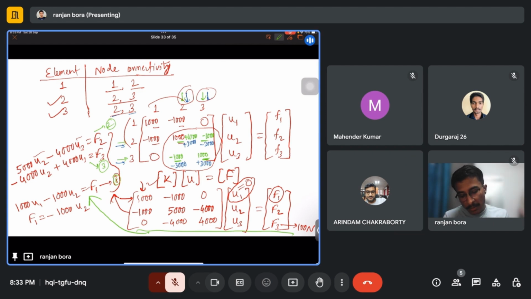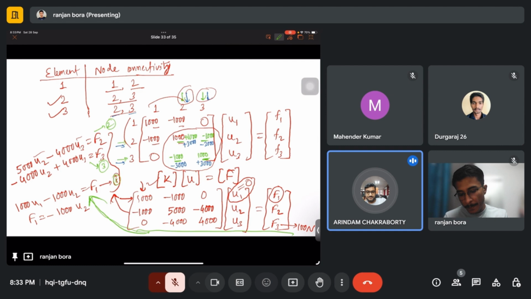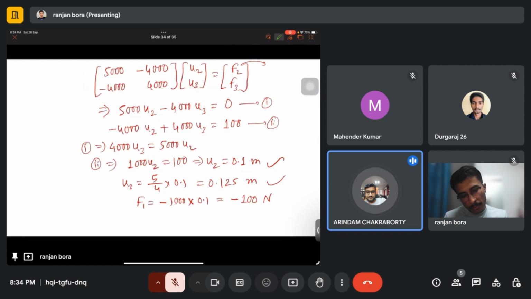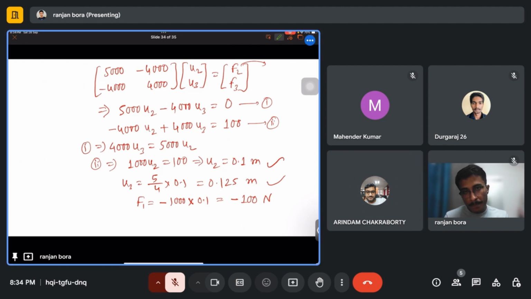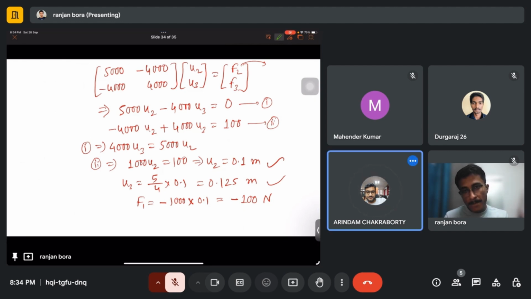In the next slide, when you reduced this, you removed the first row, first column, also the U1, but there was also no F1. So what happened to F1 then? Is it because U1 is 0 that you did not consider F1?